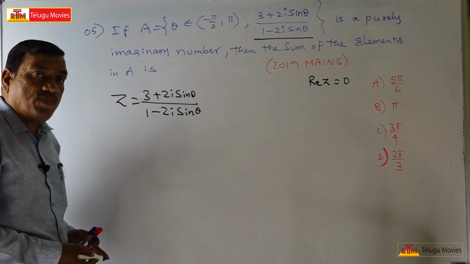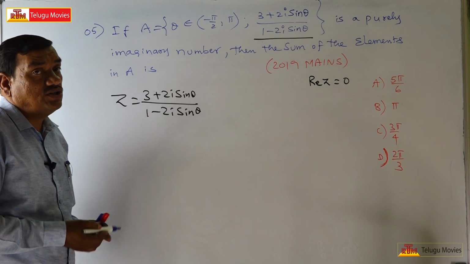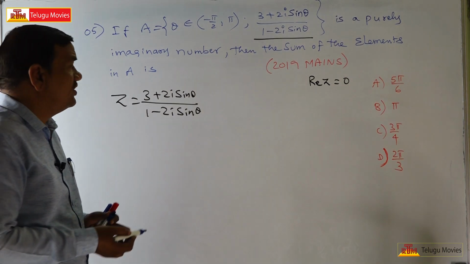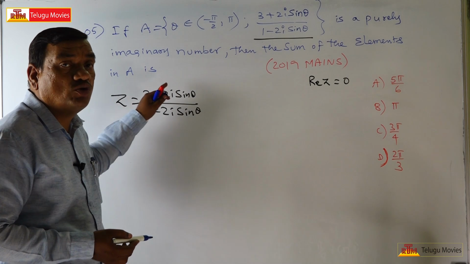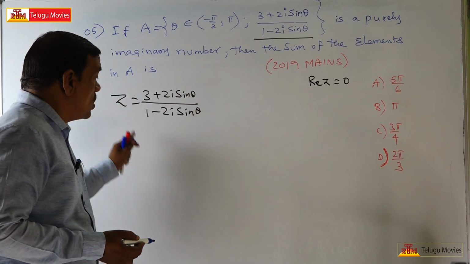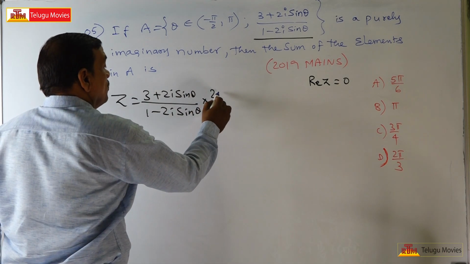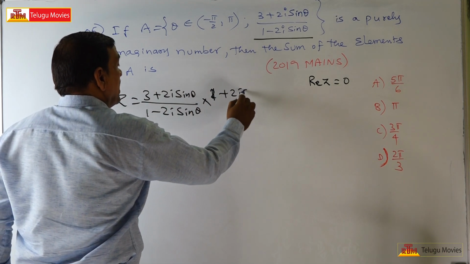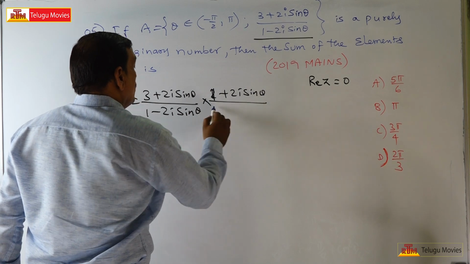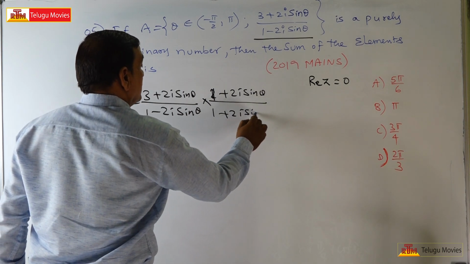To find the real part of z, we have to convert it into general form, so we multiply the numerator and denominator by the conjugate of the denominator, that is, 1 plus 2i sin theta upon 1 plus 2i sin theta.